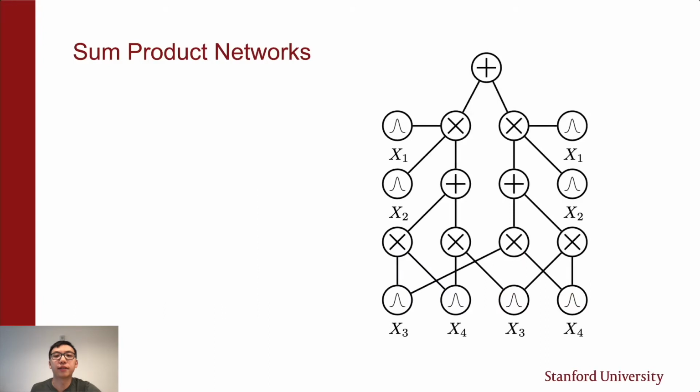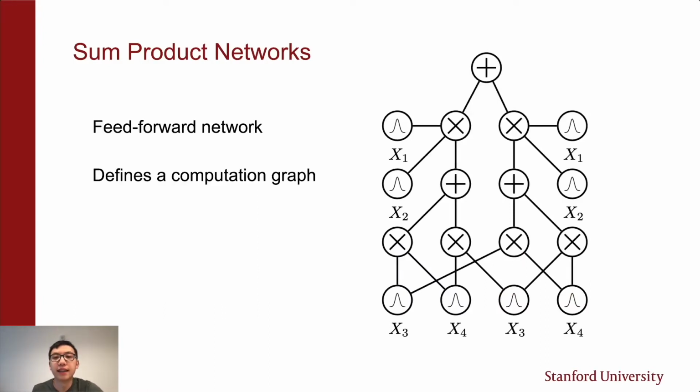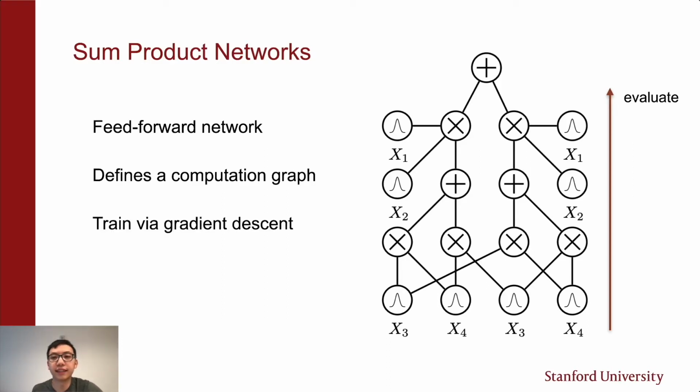These sum and product nodes can be stacked together to form a feed-forward network that defines a computation graph, which we can evaluate bottom-up to get the density of a point in our distribution. We can also train this via gradient descent through backpropagation. So this can be used in a very similar way to neural networks.